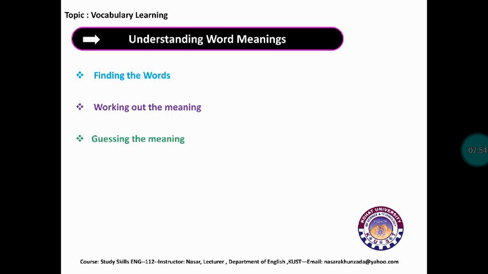Guessing the meaning. This guessing or sensible prediction is not as difficult as you might think. If you meet a word often enough in context, you start to have a feeling for it, unconsciously or consciously.